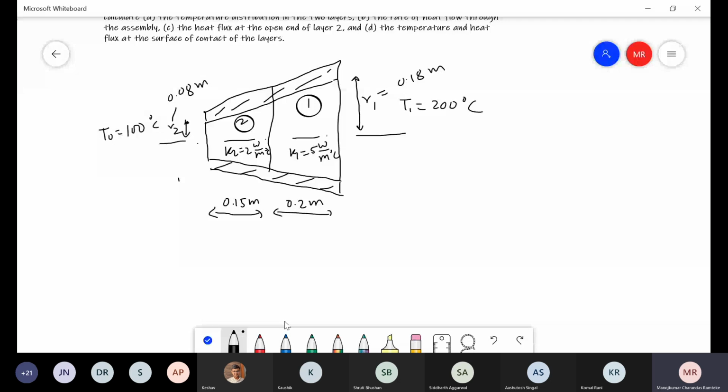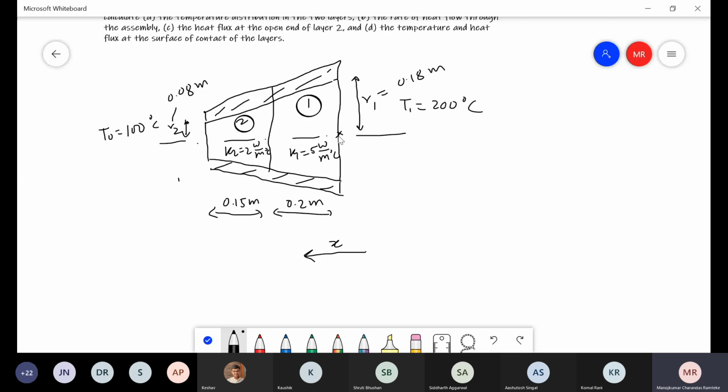Exactly on the right hand side of the layer 1, x is 0, whereas on the left hand side of the layer 2, x is 0.15 plus 0.2, so that becomes 0.35 meter. Okay, clear?